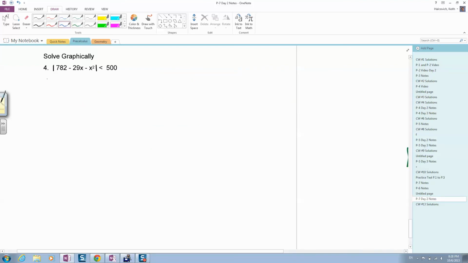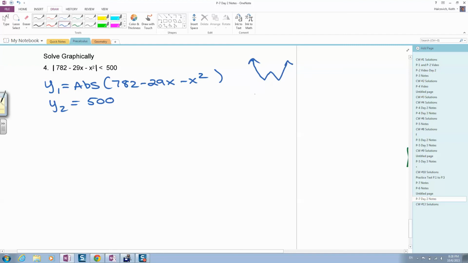All right, for the last one, y sub 1 is the absolute value of 782 minus 29x minus x squared. Y sub 2 is equal to 500. So you're going to have an absolute value like that, and you're going to have a line.